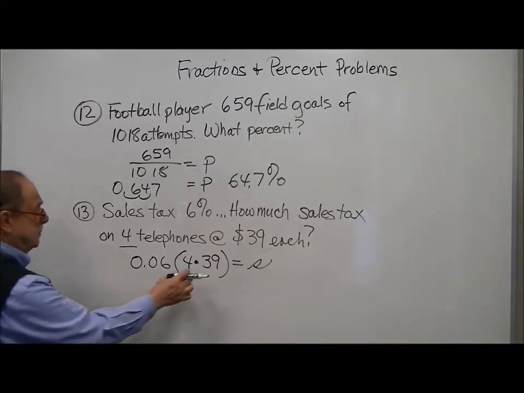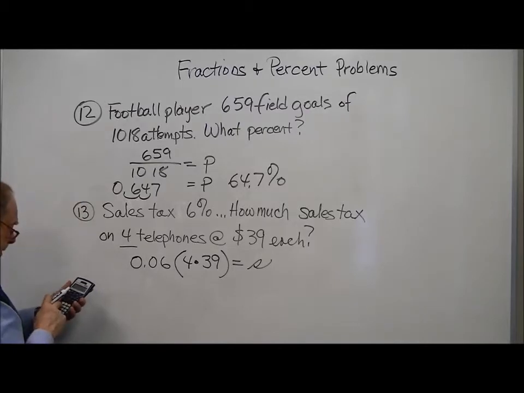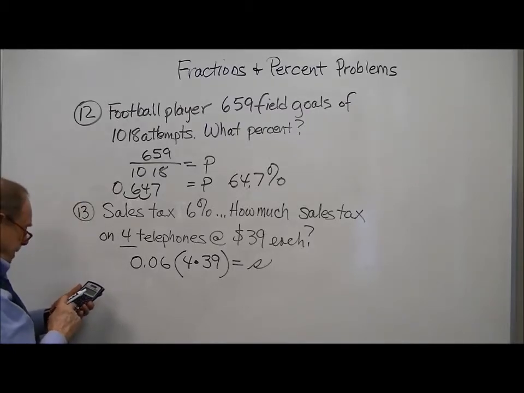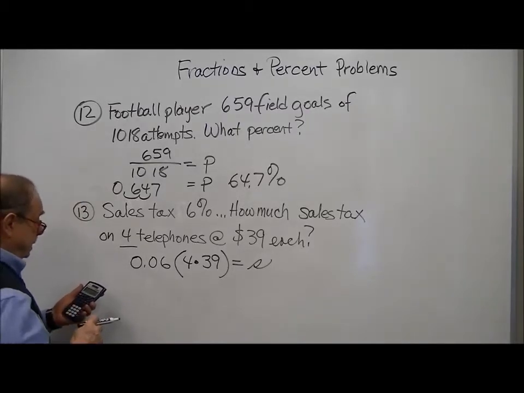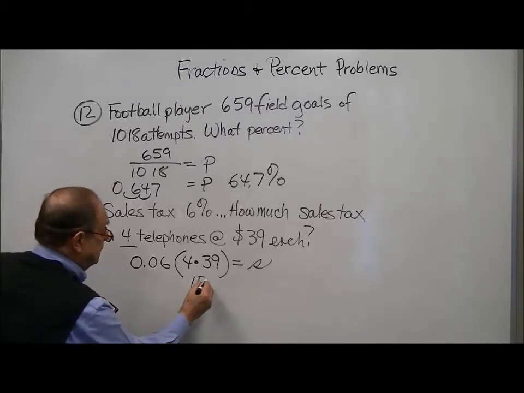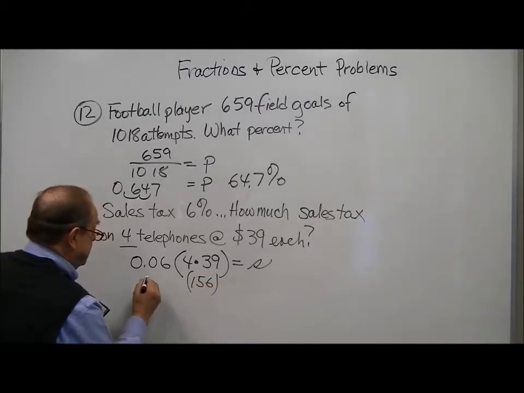In this one, I'd have to multiply this first. 4 times 39 gives you 156 times 0.06.